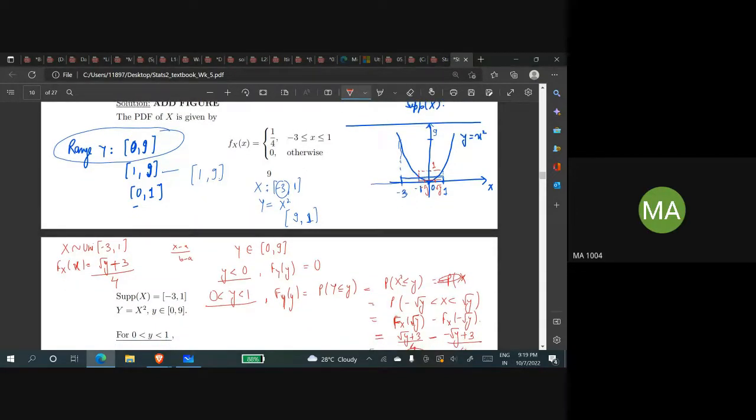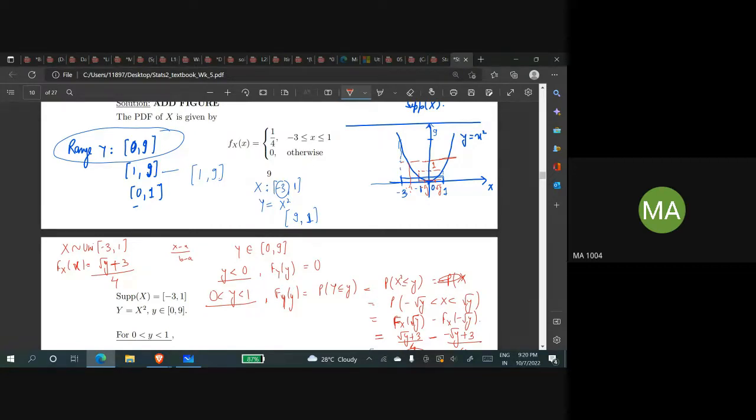What happens is, if you take, let's say, y between 0 to 9 itself, any line here is going to be from minus root y to 1 only.